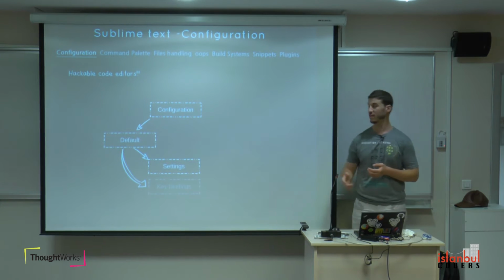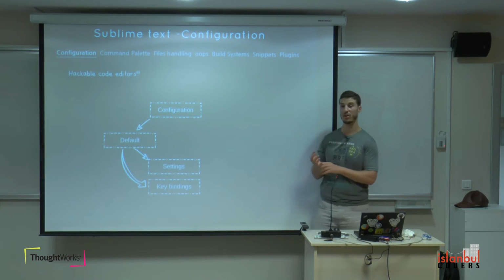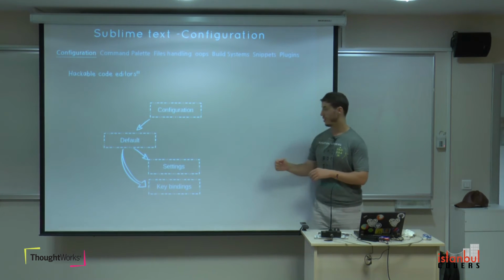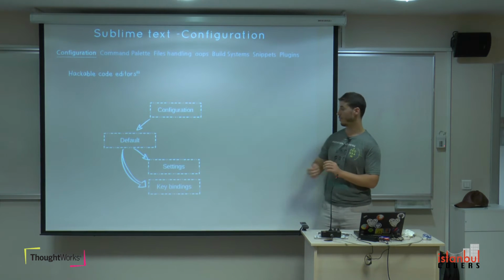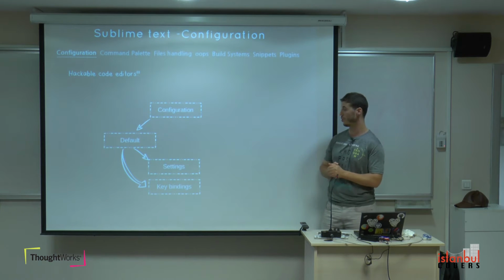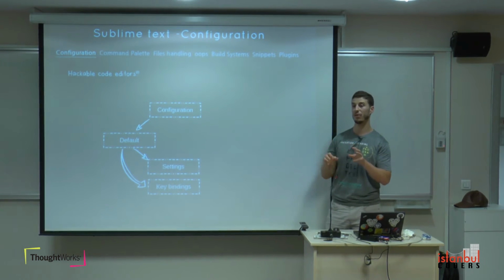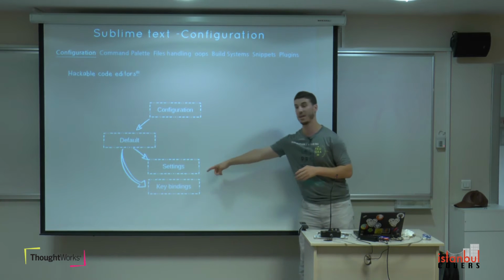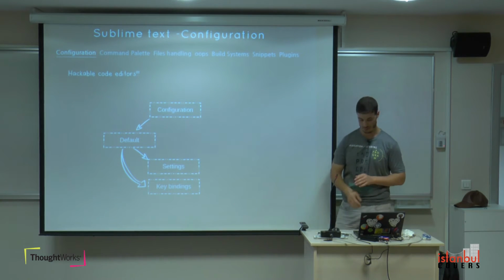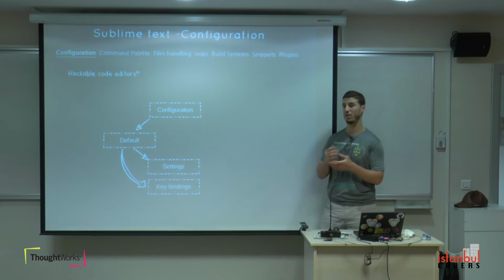We have the settings: if you want to change the color, the space, the font, etc., you use settings. If you want to use key bindings, for example Control S for saving or Command S for something else, it's in the key bindings. So you bind keys. This is for default configurations, so they are not modifiable. You can't modify them.